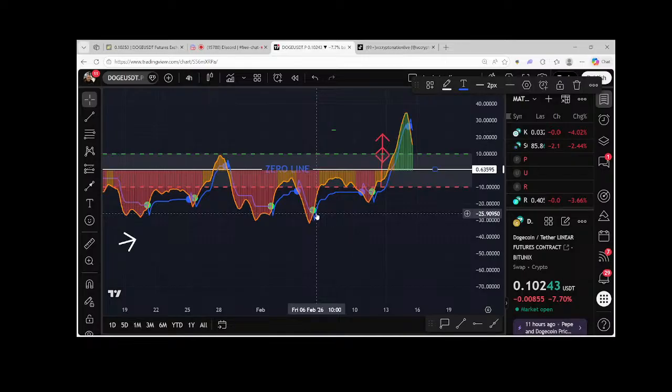So the 0 line is a strategy that is incorporated into more of a professional level style trading, right?